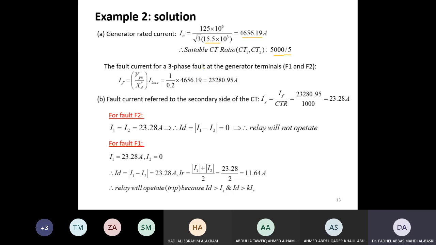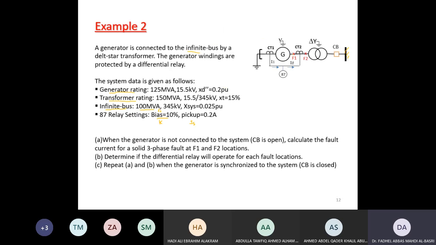And that's why I need high grounding resistance. Now, the fault current for a three-phase fault at the generator terminals: how do you get that? It is the rated voltage divided by the reactance of the stator winding. So it's just Ohm's law.